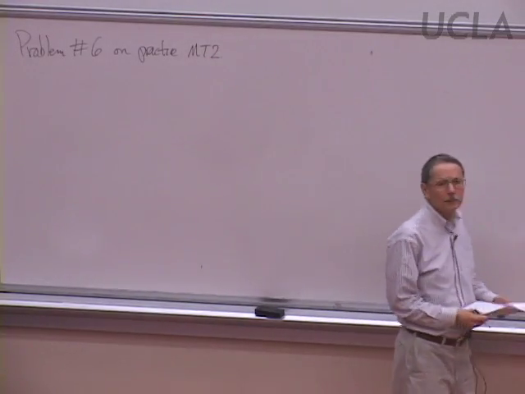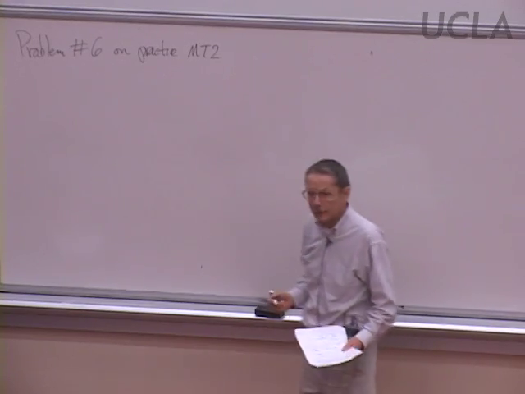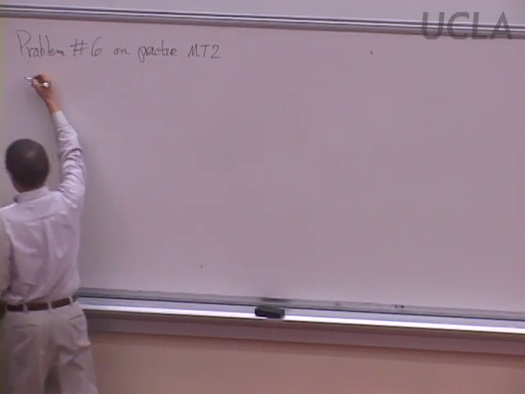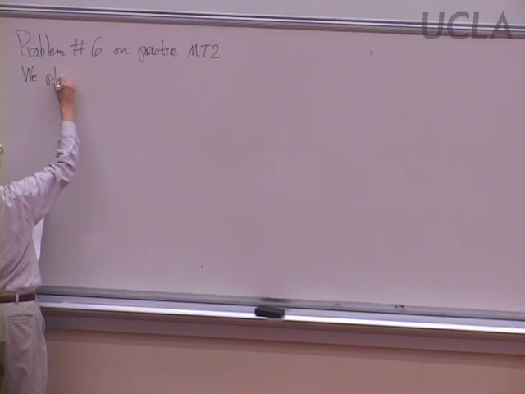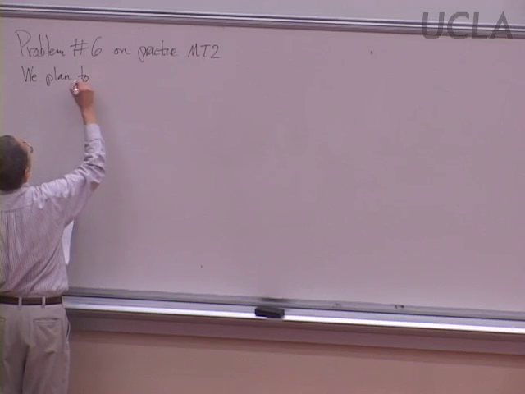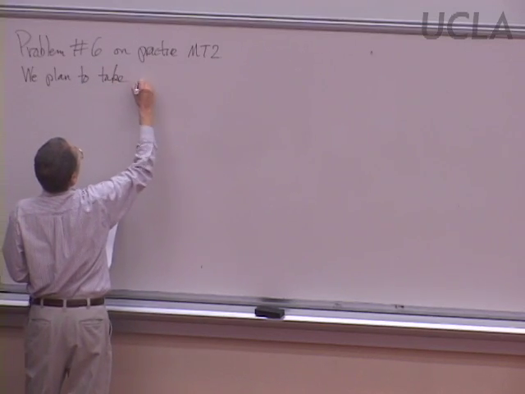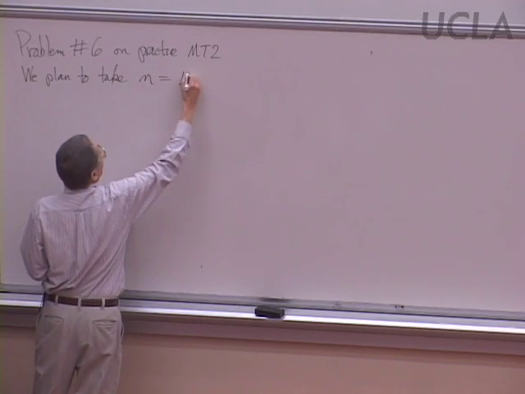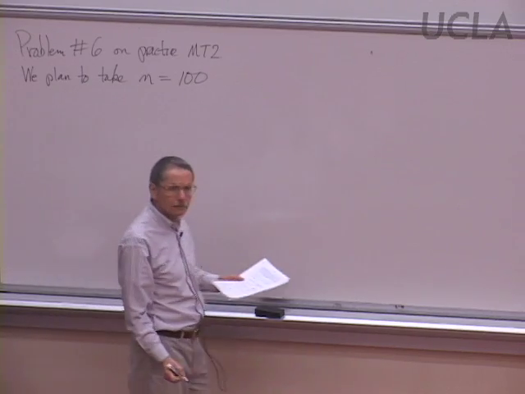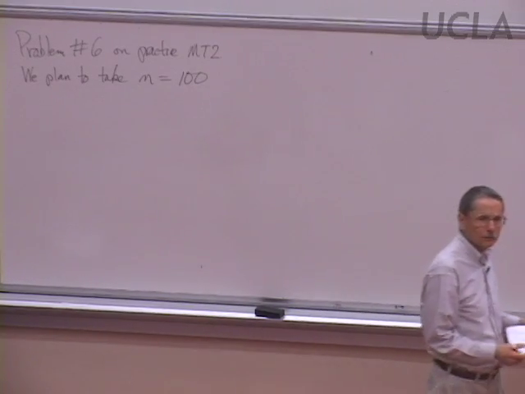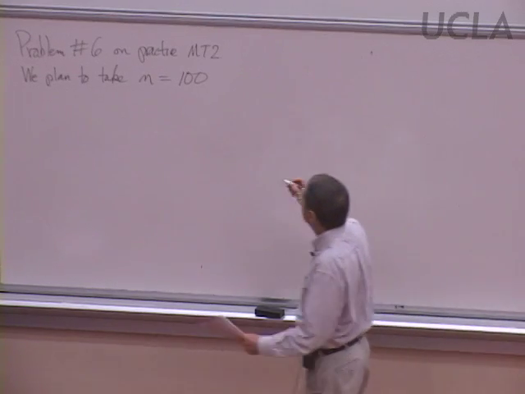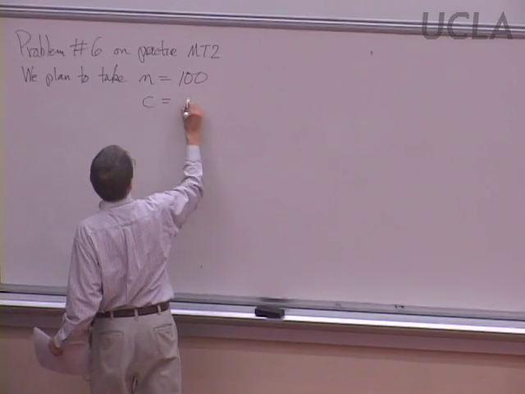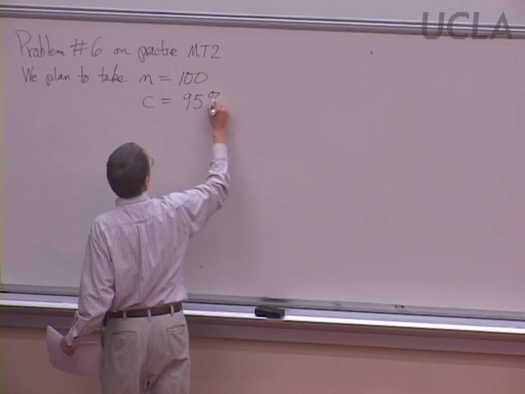It's the pill problem again. Same situation. But we're given n. We plan to survey 100 people. And we're given c. It's 95%.